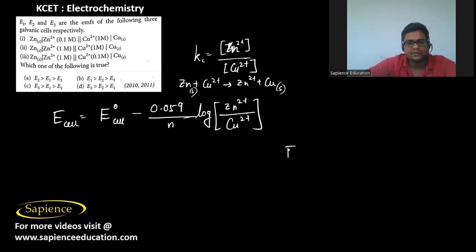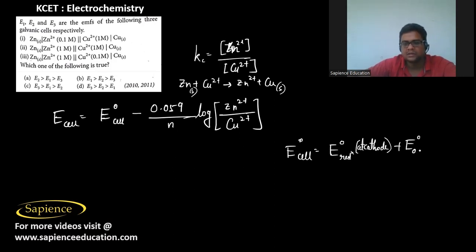Now E naught cell is the standard reduction potential at the cathode plus the standard oxidation potential at the anode.